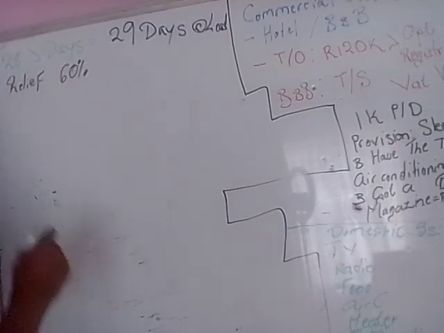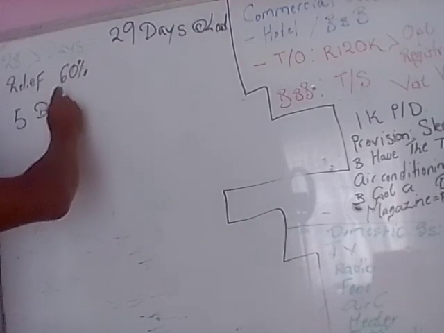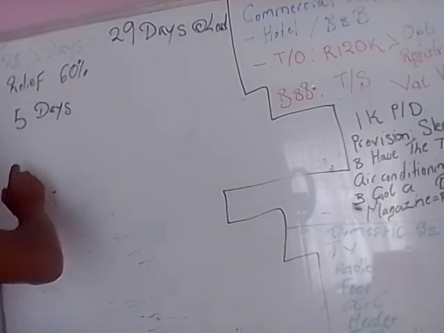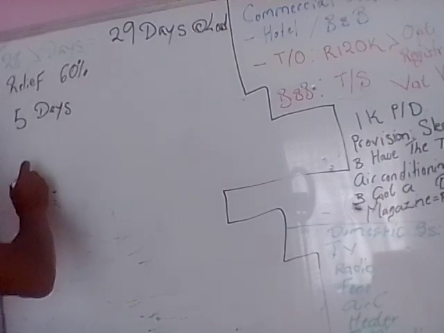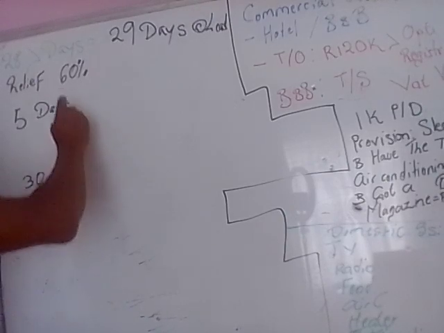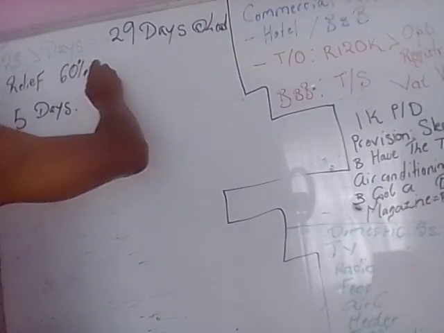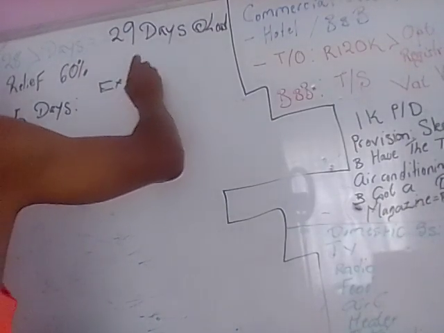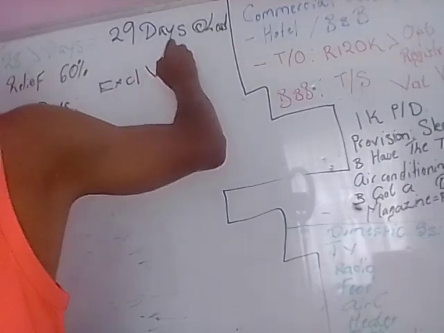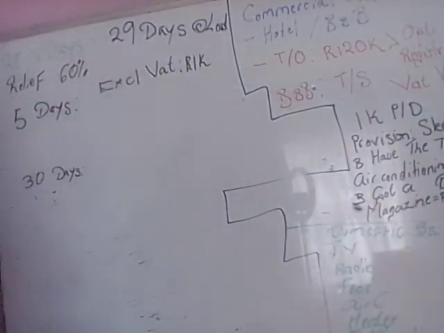Say this guy stays in the hotel for 5 days, and in another situation he stays for 30 days. Let's say the 1,000 rands is exclusive of VAT. So what is our VAT situation?